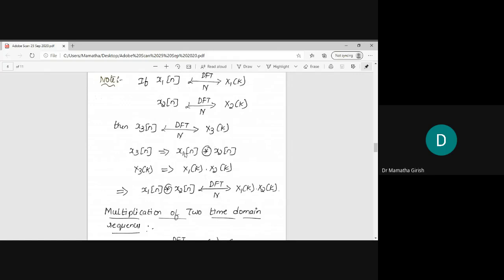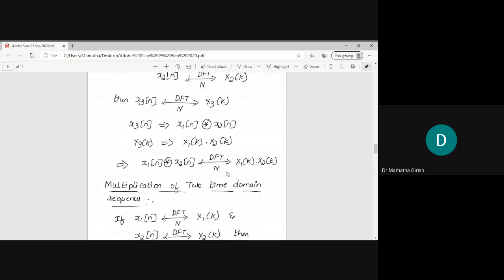The circular convolution of the two given sequences x1 of n and x2 of n. Note the symbol: this asterisk enclosed within a circle represents the circular convolution operation. But what is x3 of k equal to? The product of the two respective DFTs.